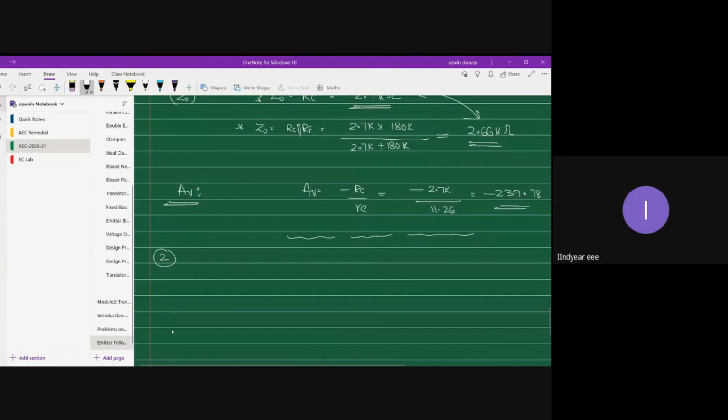So second problem, let me take. For the circuit shown below, determine RE, ZI, Z0 and AV.